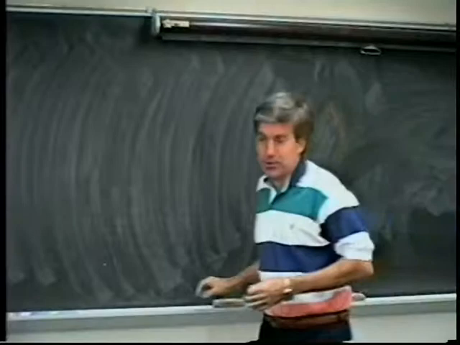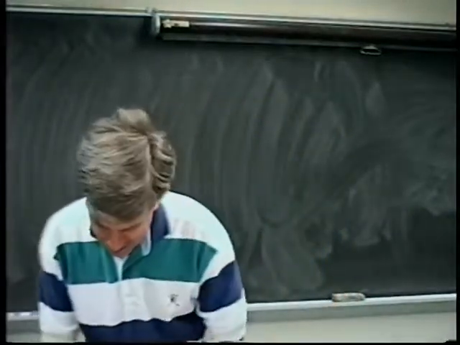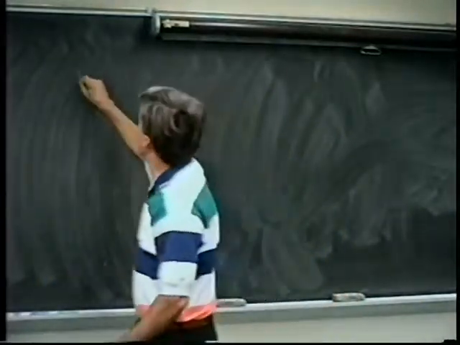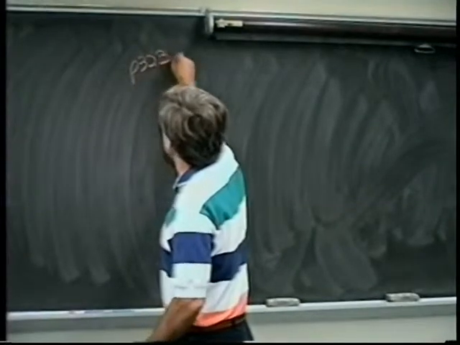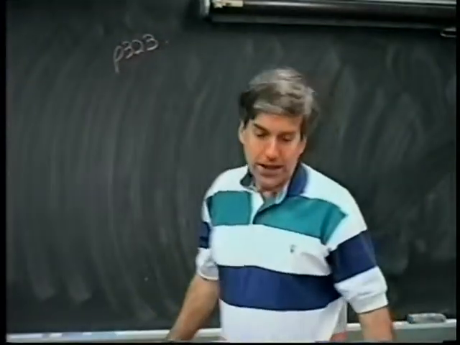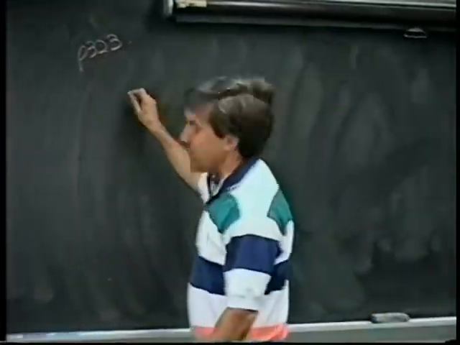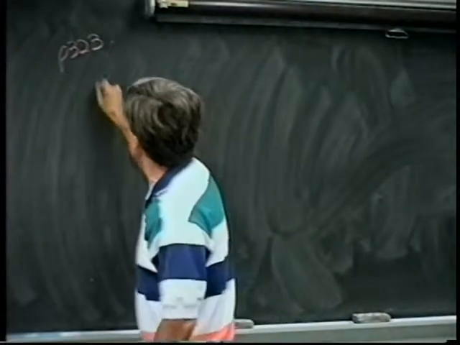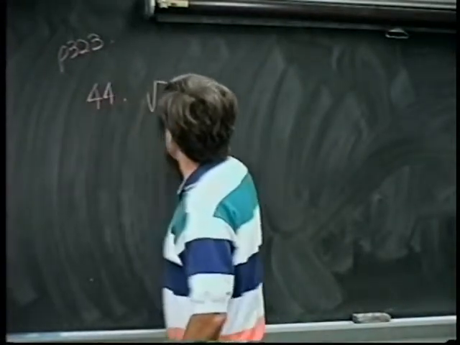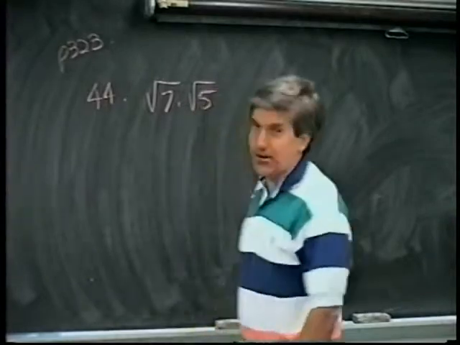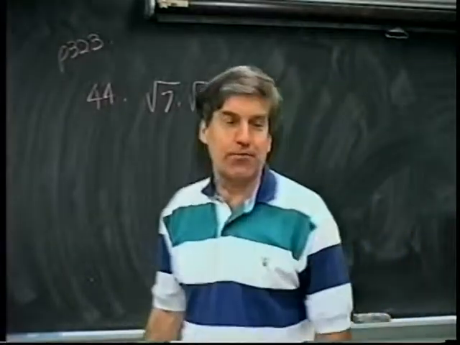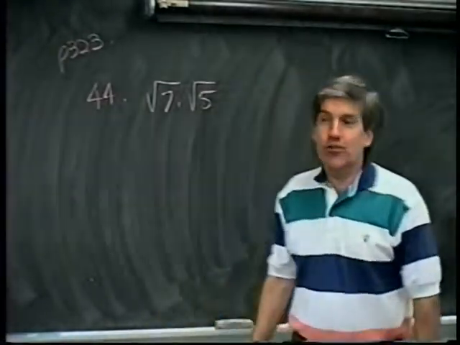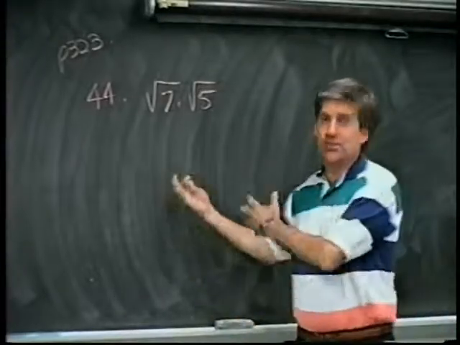And the very simple topic that I want to look at is at the top of page 323. Page 323, I want to give you this thought. What if you have a square root, number 44, the square root of 7 times the square root of 5? How do you do the square root of 7 times the square root of 5? Well, we go from something incredibly difficult to something that's obviously easy.